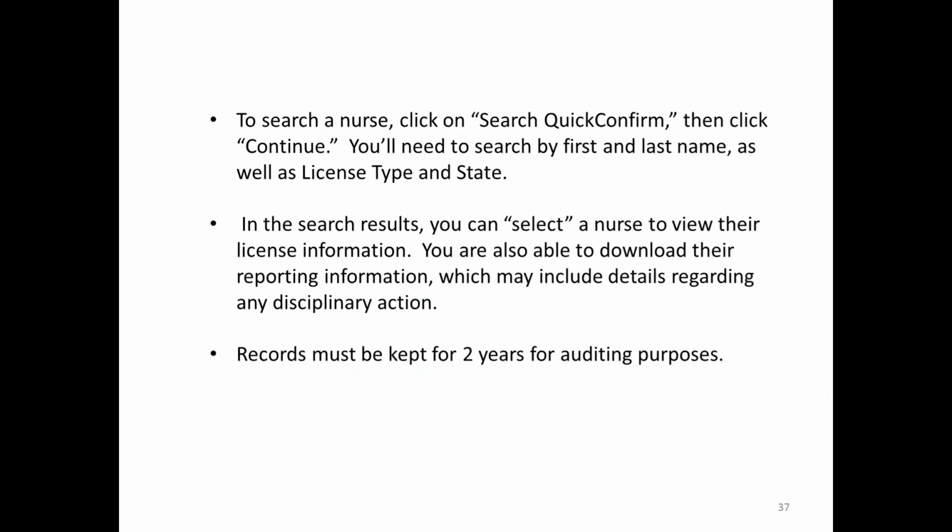You will need to search by first and last name as well as license type and state. In the search results, you can select a nurse to view the license information. You're also able to download the reporting information, which may include details regarding any disciplinary action. Records must be kept for 2 years for auditing purposes.